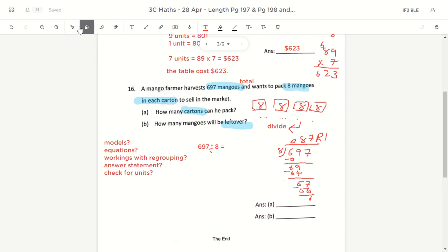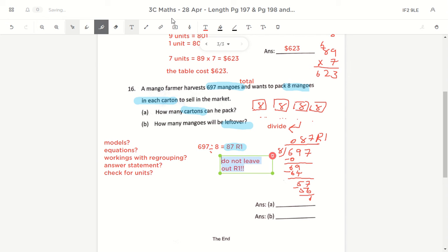Make sure you also write the R1 in your working, in your equation as well. This is very important. Do not leave out the R1. Some of you in your work, you simply ignore the R1. You cannot.